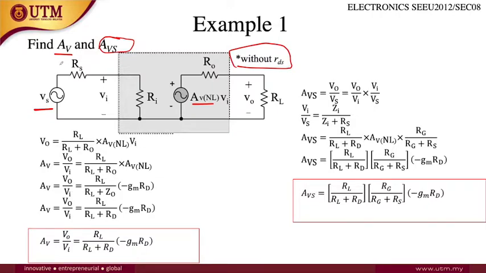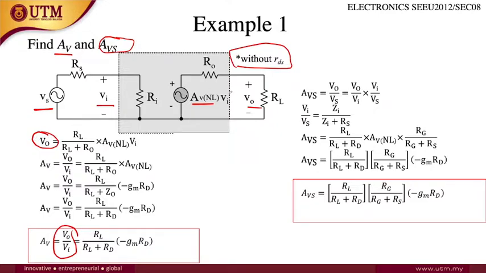So first of all, to calculate the voltage gain AV, it equals V output over V input. So first of all, you need to calculate the output voltage.